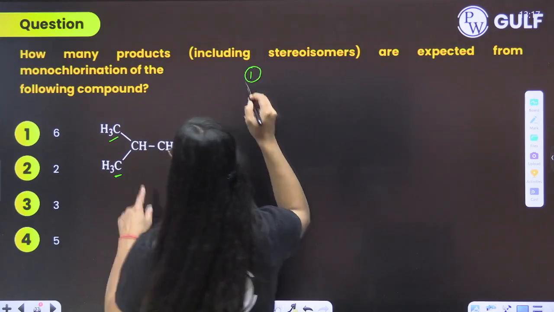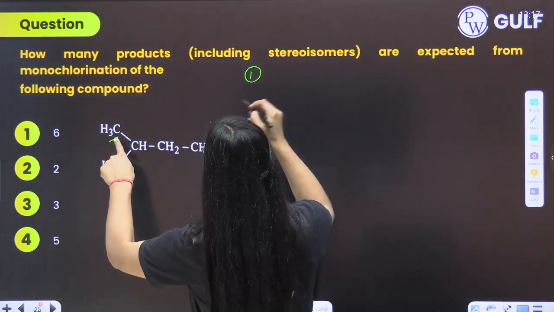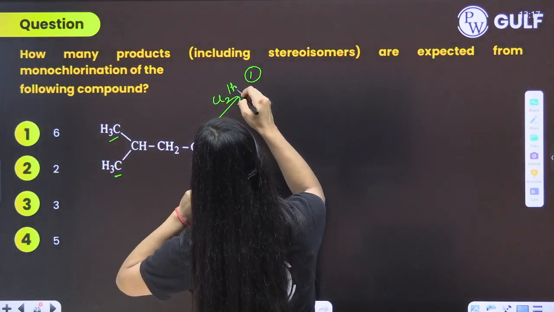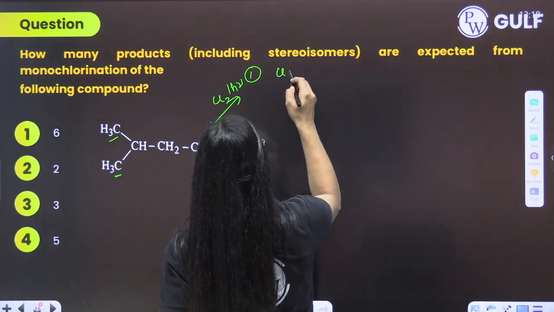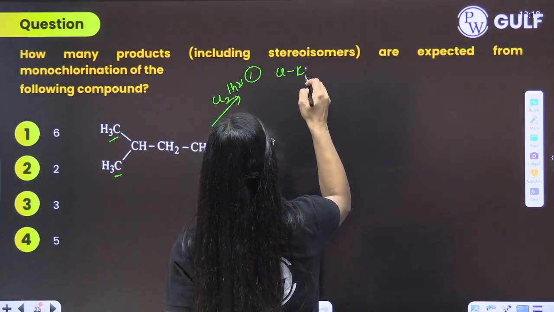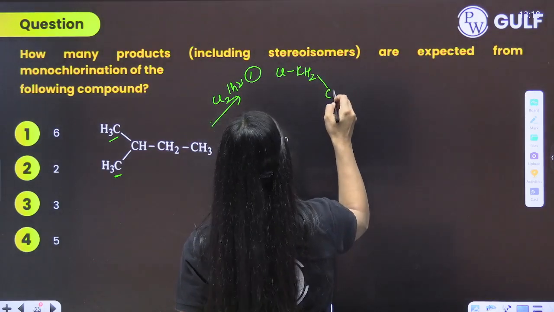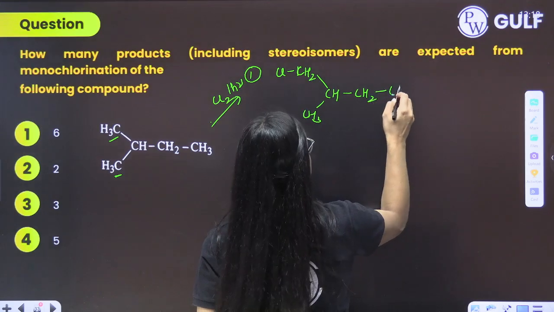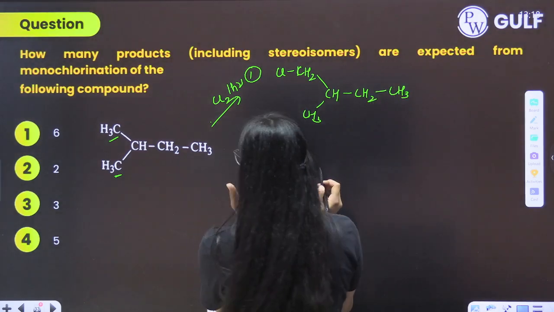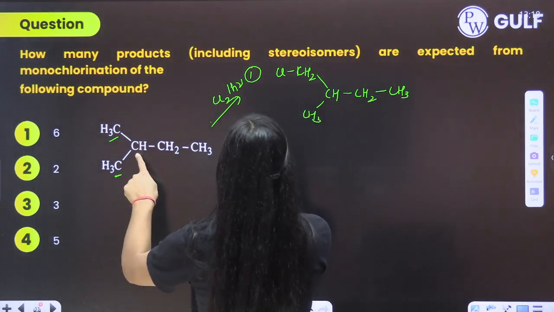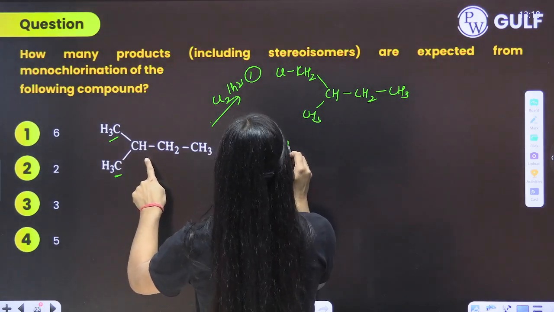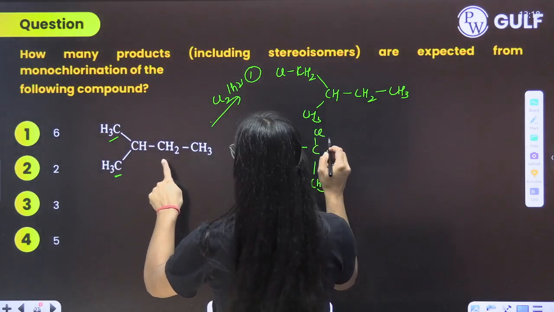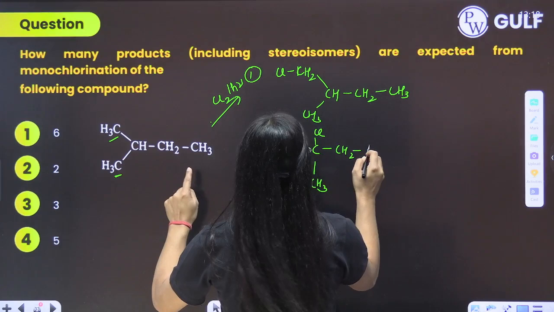products. One product when you remove hydrogen from here, when you carry out the reaction with chlorine, Cl2, in the presence of sunlight. So you'll get Cl, CH2, and then CH, CH3, CH2, and then CH3. So this is your one product. These two are the same. The second product you will get is this one, CH3, CH3, Cl and CH2 and CH3.